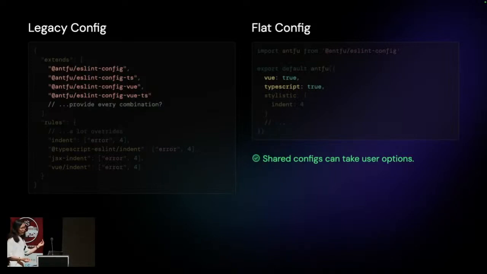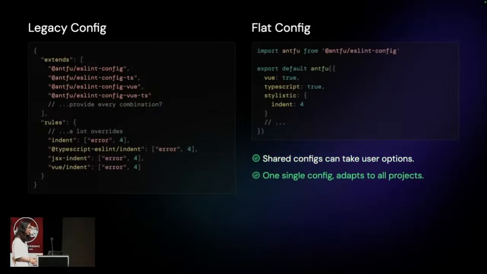So here I may end up with a monorepo that publishes config for different combinations like ESLint config, ESLint config TS, ESLint config Vue, and Vue TS, right? And imagine if I have more frameworks to support, more variables, and it will just multiply the combinations you are going to have, which is not reasonable, right?